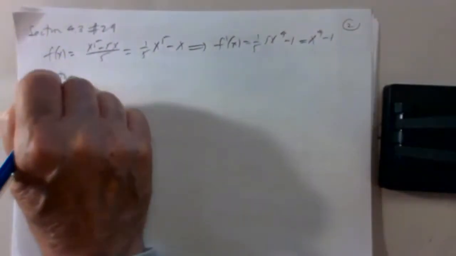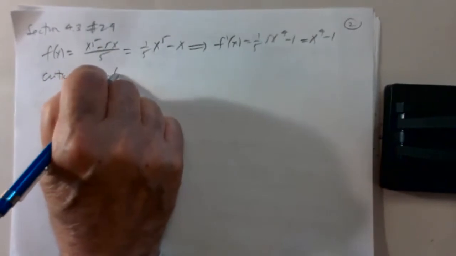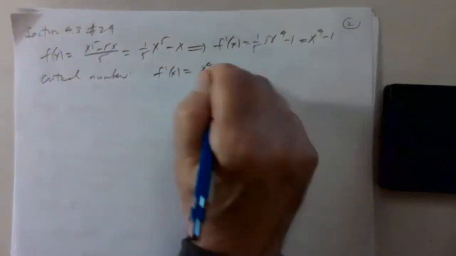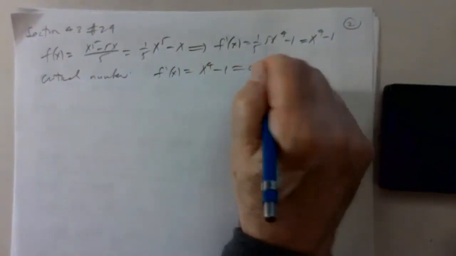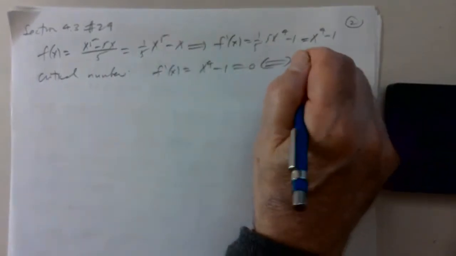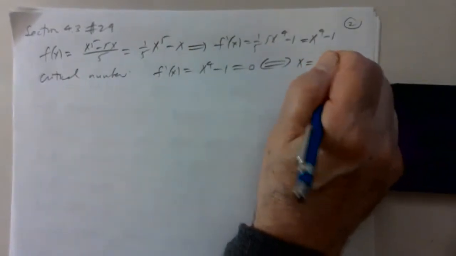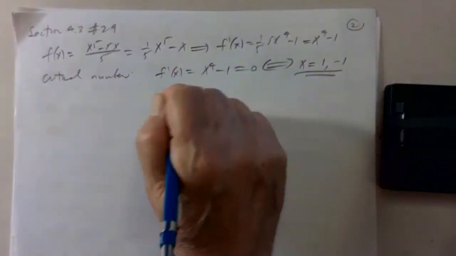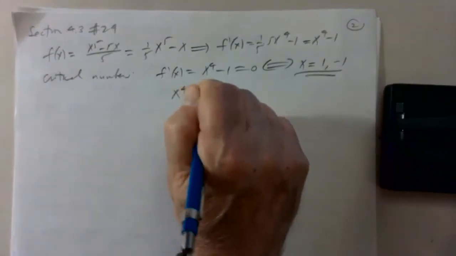So what are the critical numbers? The critical numbers are the points where f prime of x, which is x to the 4th minus 1, equals 0. And that only happens at two real numbers, x equal +1 or -1. If you wanted, you could factor x to the 4th minus 1.